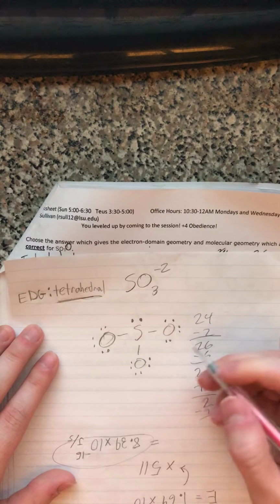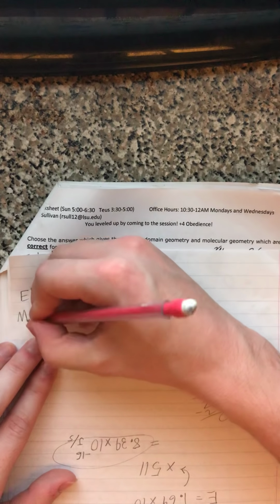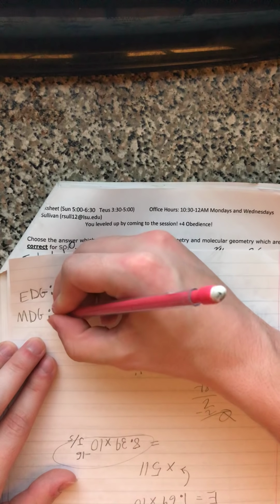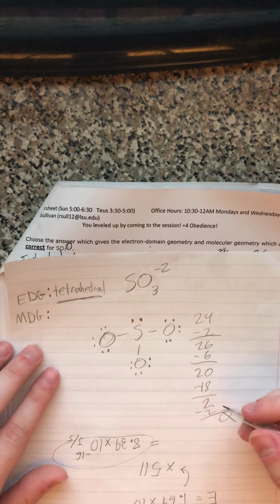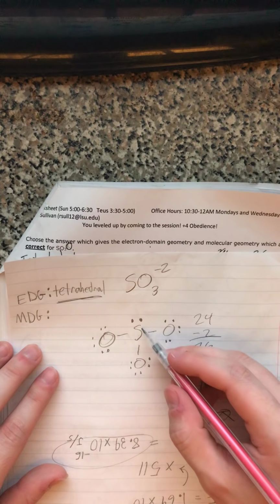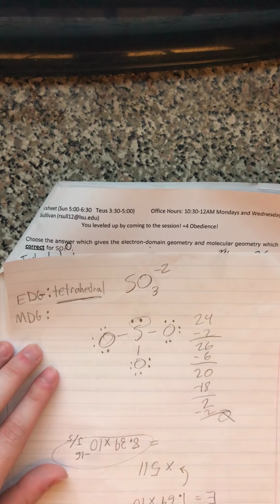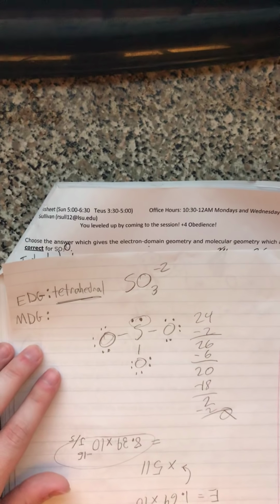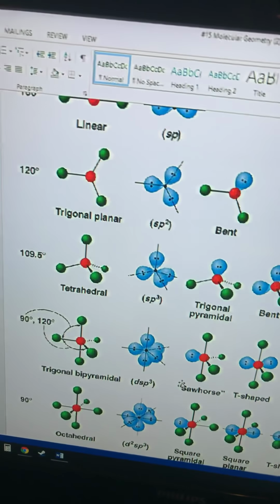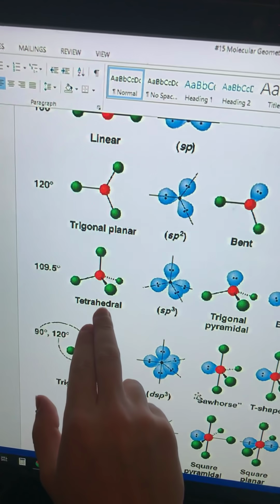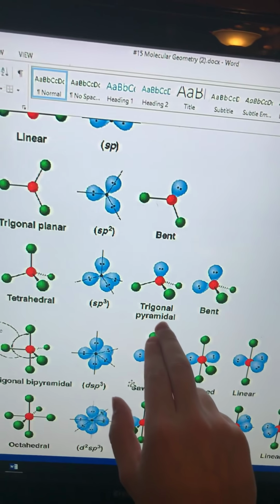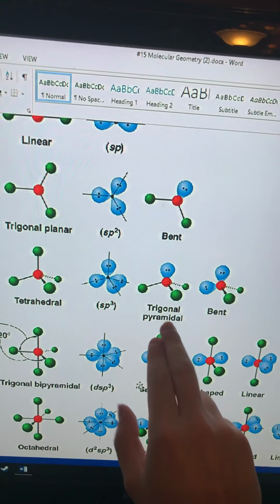So we are tetrahedral, and then the molecular domain geometry is a tetrahedral with 1 lone pair. If I look at my handy chart here, I just had this waiting this whole time just for this one question. A tetrahedral with 1 lone pair gives me trigonal pyramidal.